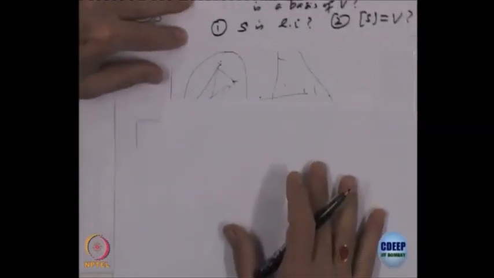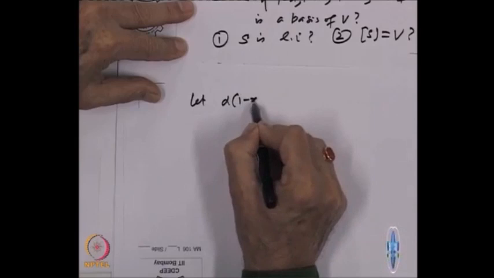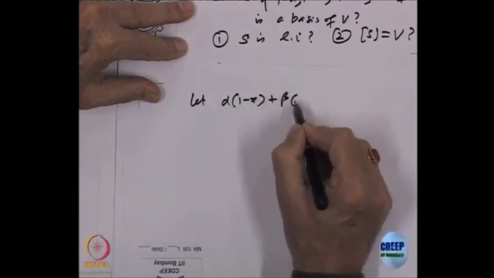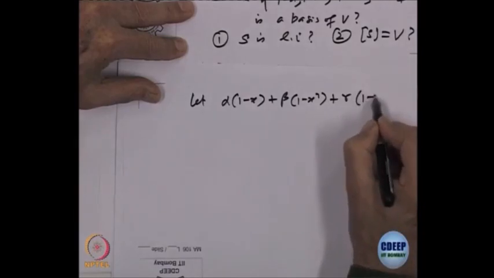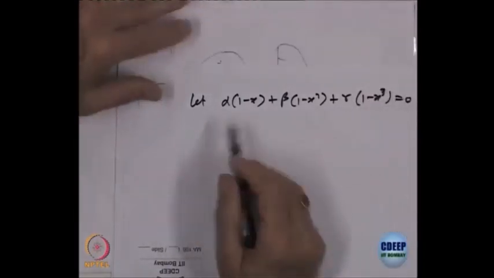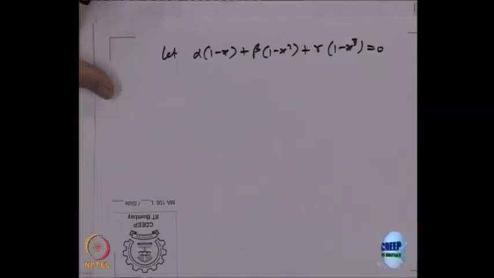So, independence. Let alpha times (1 minus x) plus beta times (1 minus x square) plus gamma times (1 minus x cube) equal 0. We have to show that alpha is equal to 0, beta is equal to 0 and gamma equal to 0.